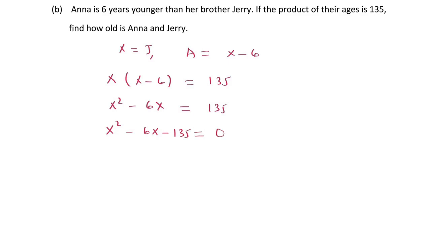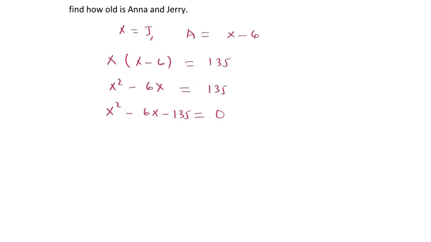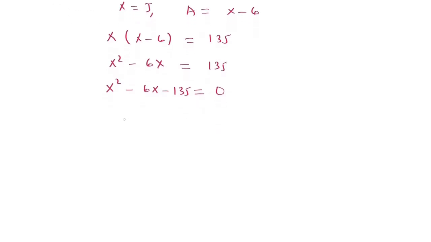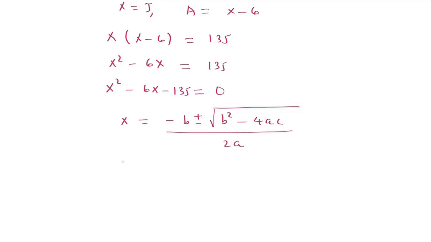Okay, so now we are going to apply the quadratic formula in order to solve for x. The formula says x equals negative b plus or minus the square root of b squared minus 4ac, over 2a. Now from our equation, a equals 1, b is negative 6, and c is negative 135.